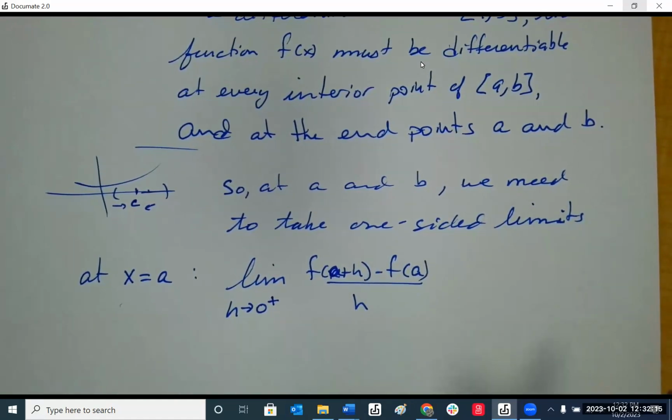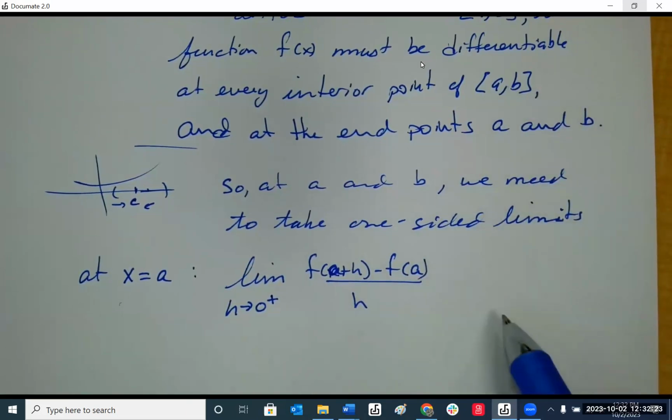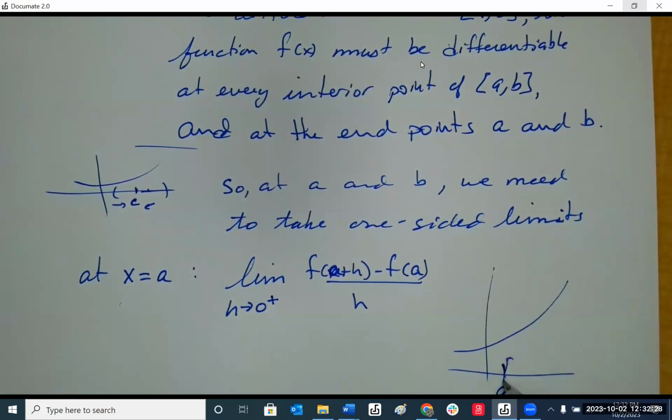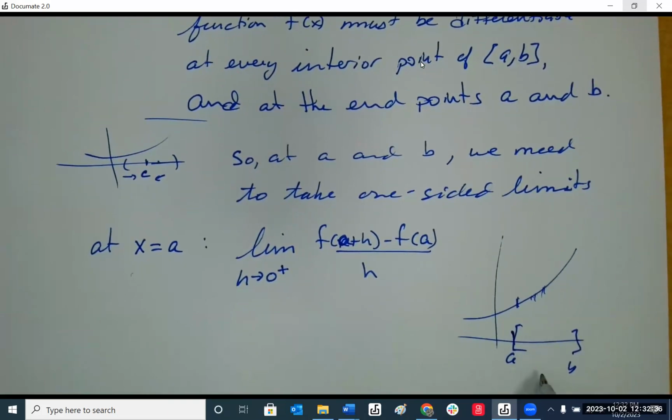Why does it have to come in from the right? Because A is the left side. If we're between A and B, the only way we can approach A is from the right. Yes, it's a closed interval.